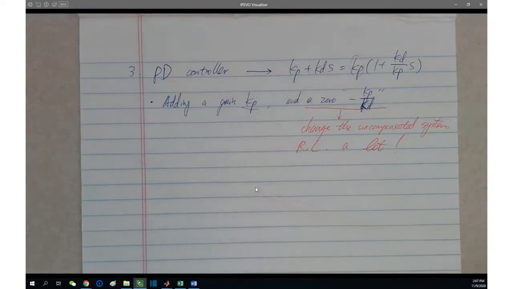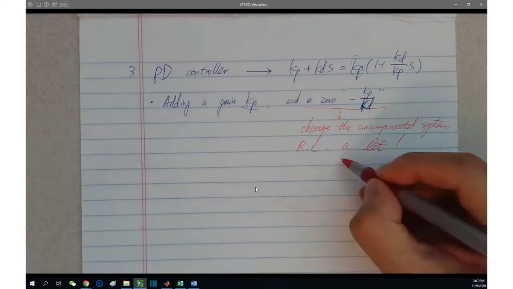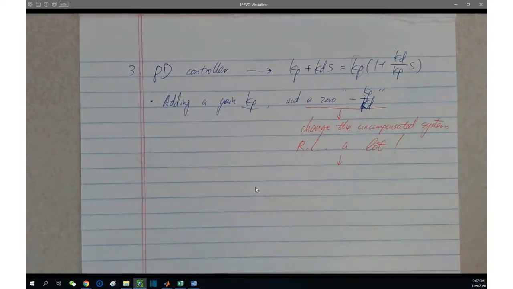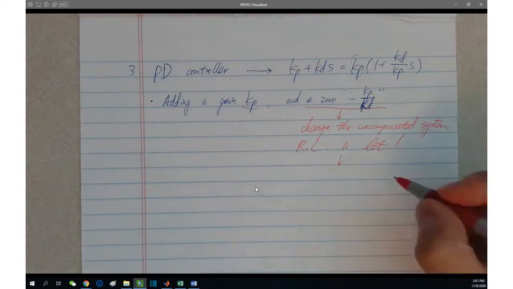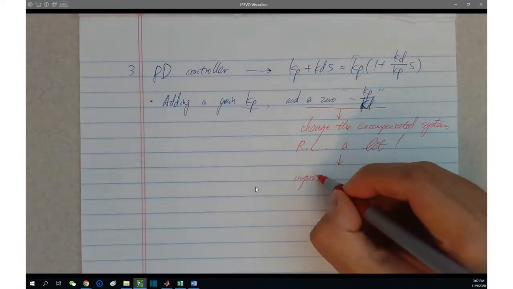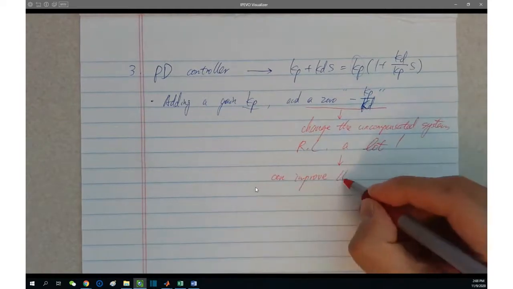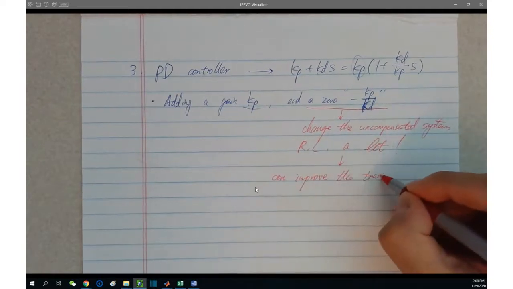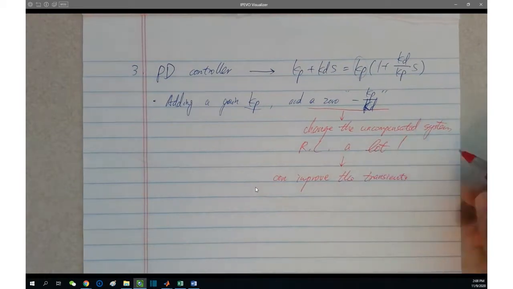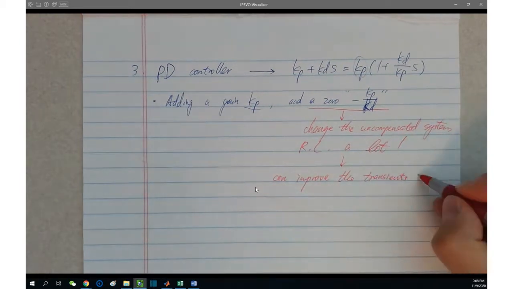The zero really changed the Locus. If it can change the Locus a lot, that means you're able to improve the transient significantly.